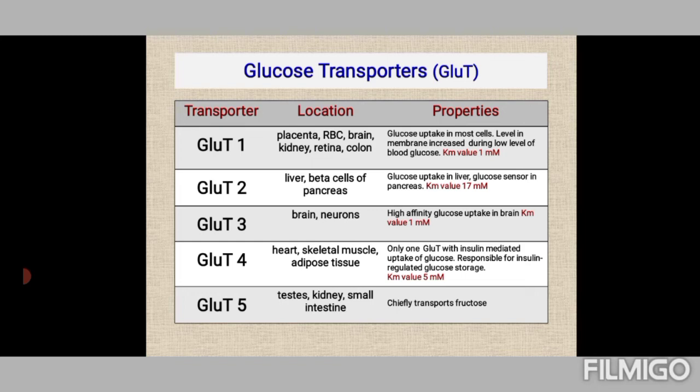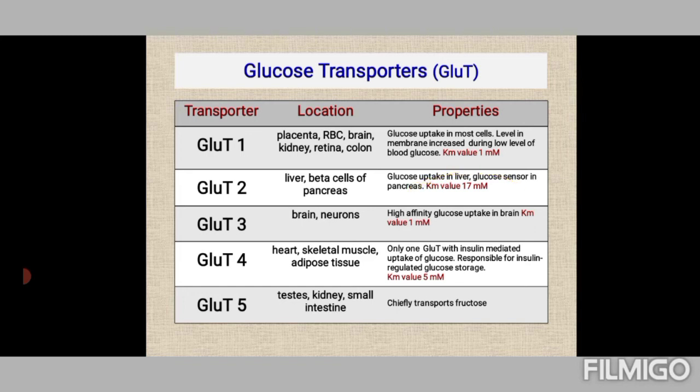And now we go to see GLUT2, and GLUT2 is present in liver and beta cells of pancreas, concentrated here mainly, and the Km value is 17 millimoles.